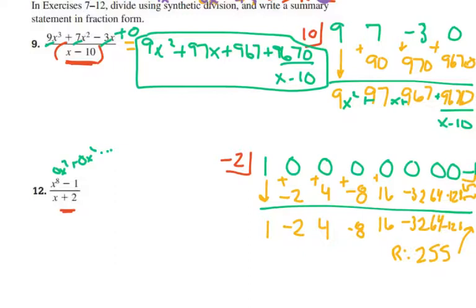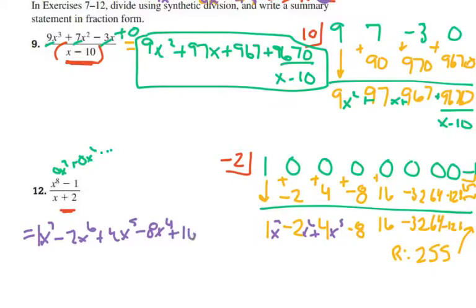All right, and so officially our answer is going to be all of these with their x's. So 1x to the 7th minus 2x to the 6th plus 4x to the 5th, and so on and so on. So our official answer, if I write it over here, 1x to the 7th minus 2x to the 6th plus 4x to the 5th minus 8x to the 4th plus 16x to the 3rd.